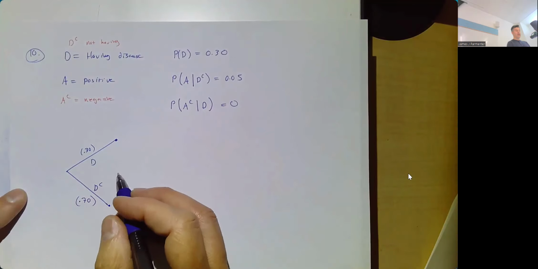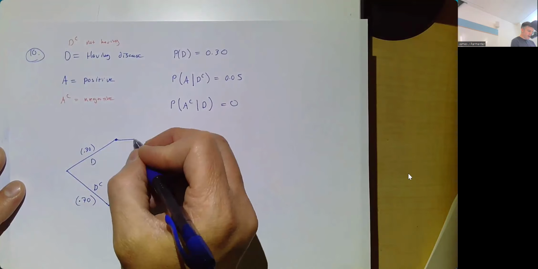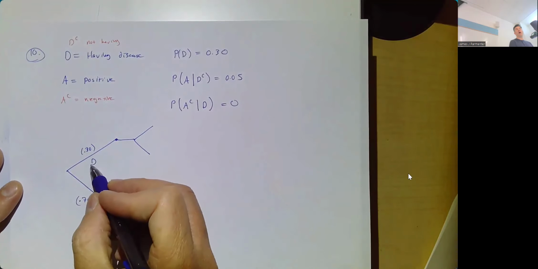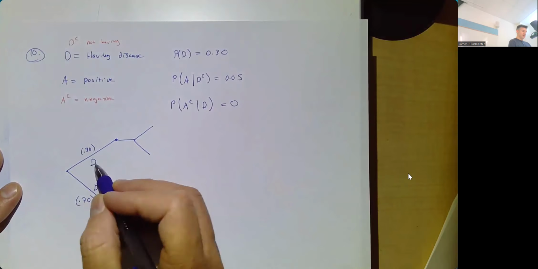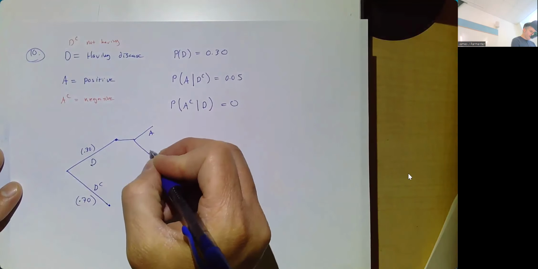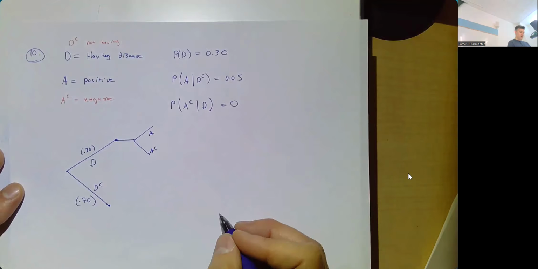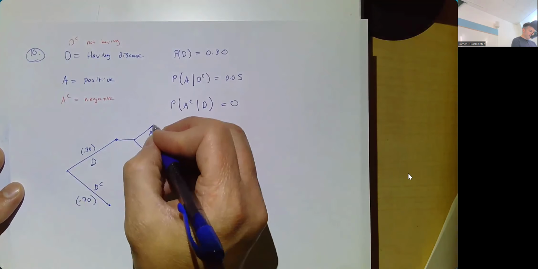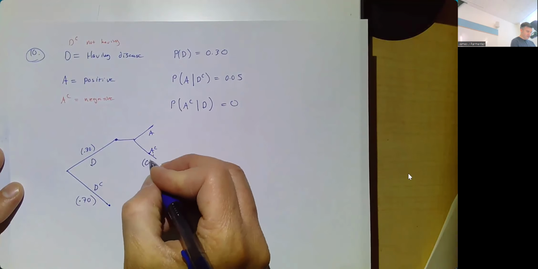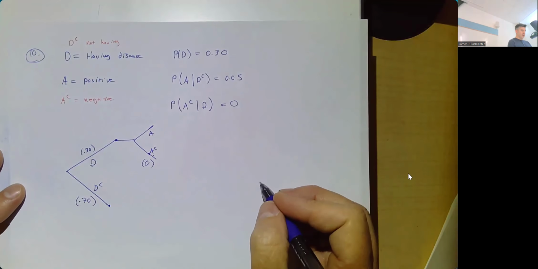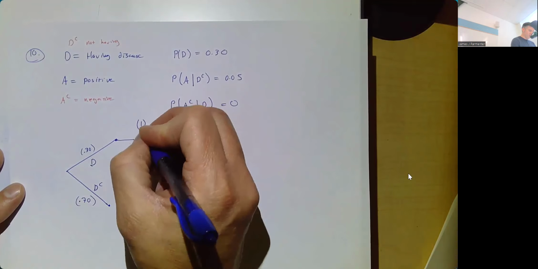Now the next branch is, given that you have the disease, what's the probability of testing positive or negative? Well, given that you have the disease, the probability of testing negative is 0%. Probability of testing positive is 100%, or 1.